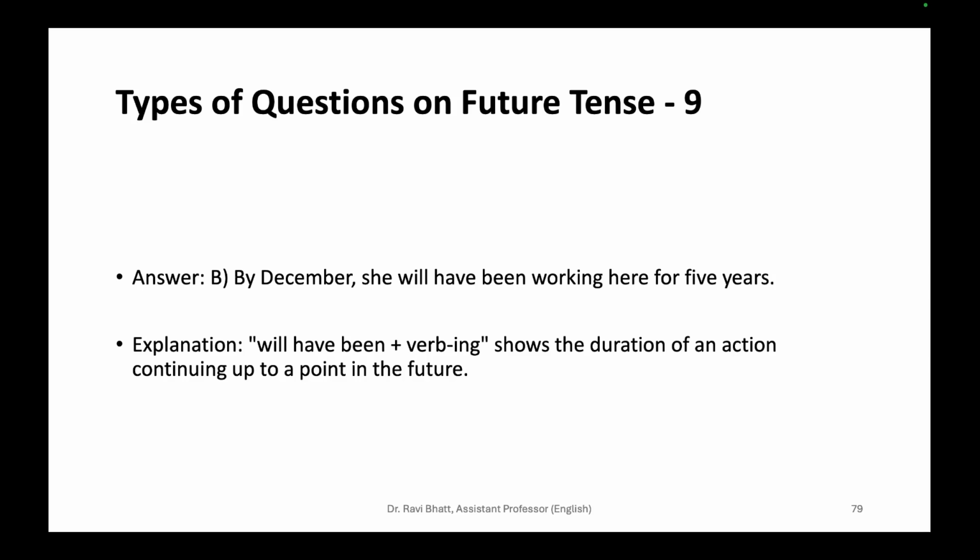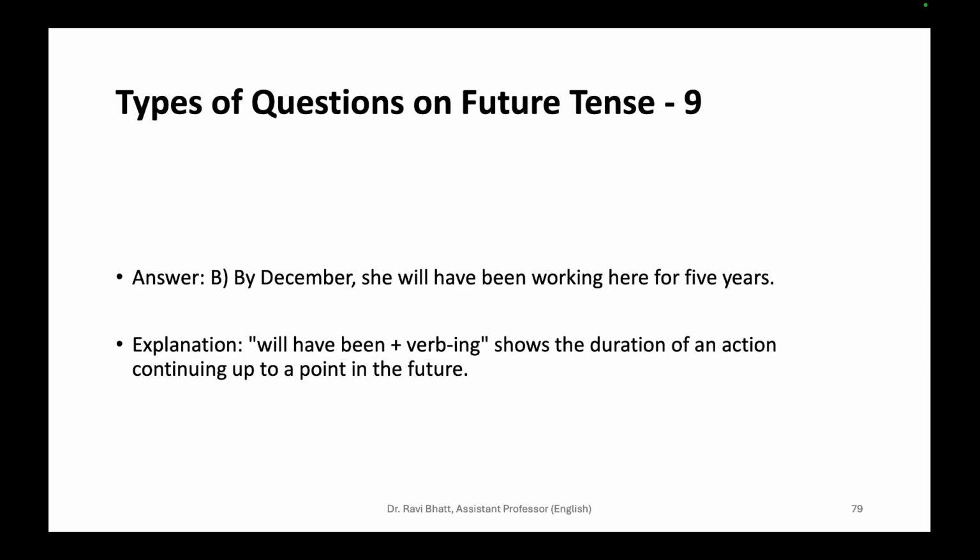For always tells us the period of time. For 5 years, for 10 years, for 10 days, for 10 hours, for 8 months. Whereas since is always used for a point in time. Since Monday, since 1928, since 1877, since 2021. So both for and since are used to denote time, but for is used to denote a period of time, whereas since is used to denote a point of time.